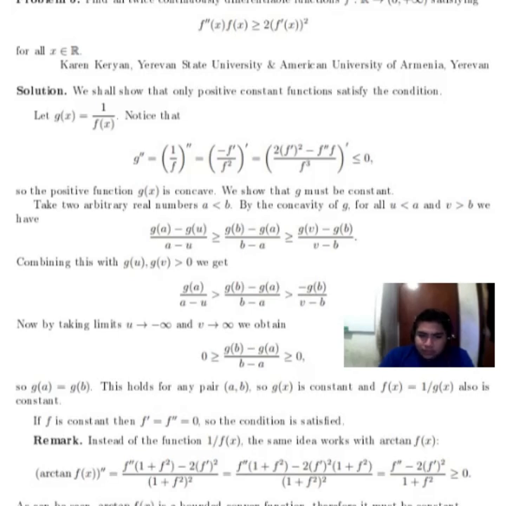That is f double prime times (1 plus f squared) minus 2 times f times f prime squared over (1 plus f squared) squared, which is greater than or equal to 0.